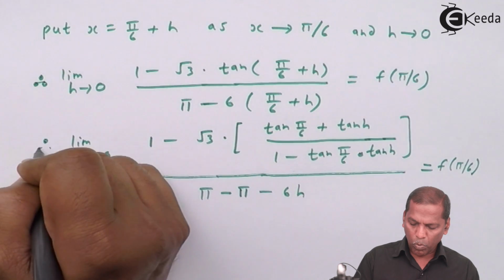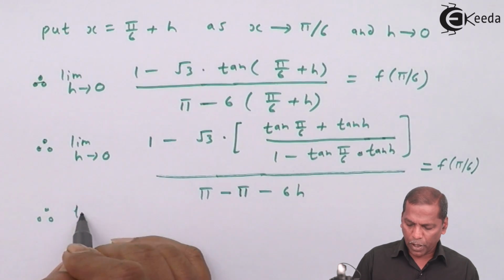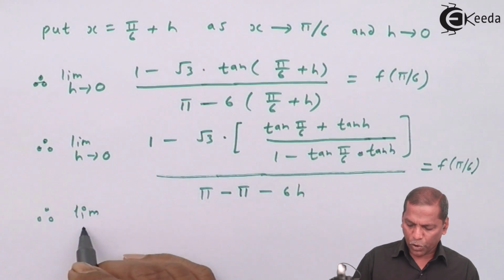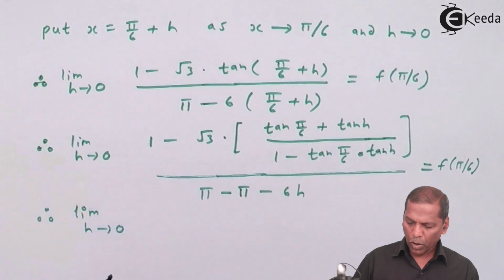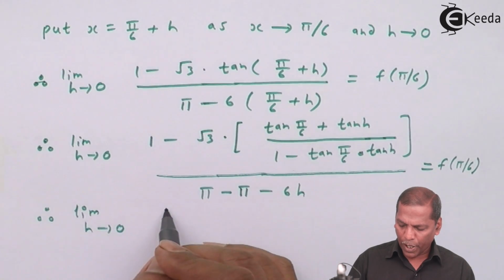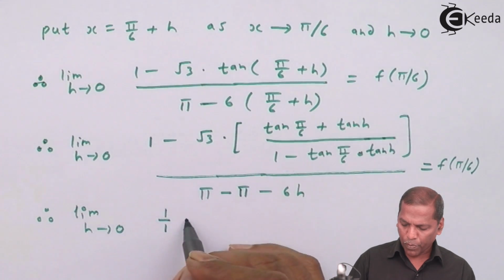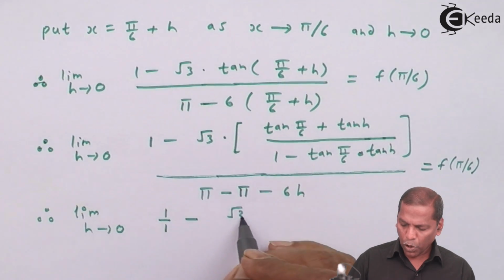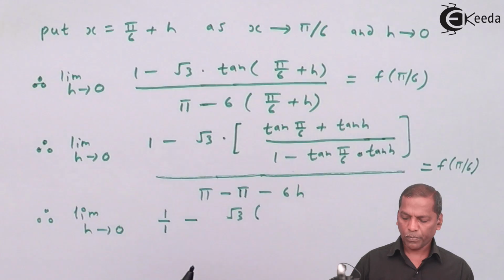Therefore, limit h tends to 0. Now here 1 can be written as 1 upon 1 minus root 3 in bracket.